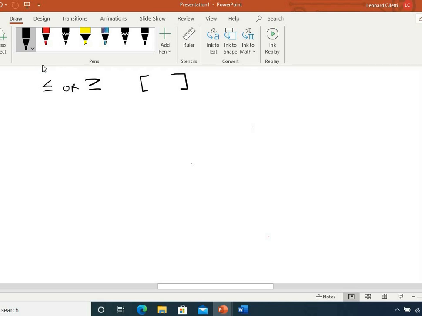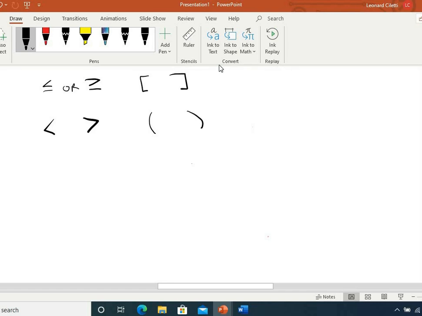Those imply we're including the value. If we just have the inequalities that look like this, your less than or greater than sign, those equate to parentheses.